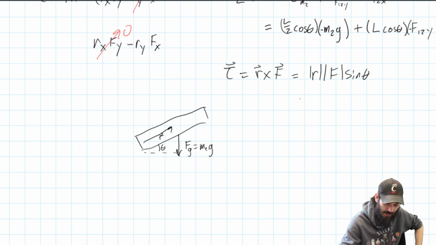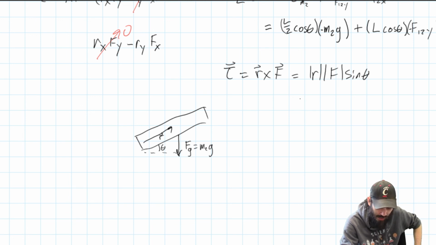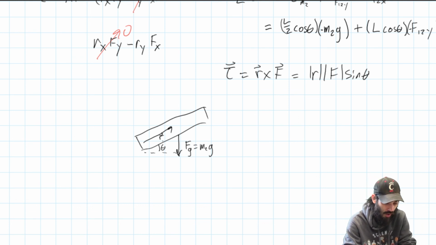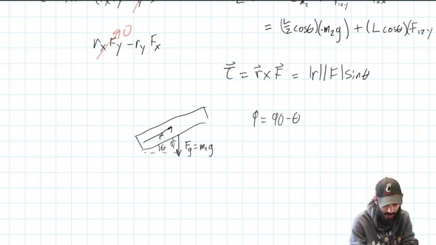Well, we need to be really careful here, because the angle that we're really interested in is the angle in between our R vector and our F vector. And that angle right here is actually this angle phi, where phi is going to be equal to 90 minus theta. So really, we're not talking about theta here, we're talking about phi.